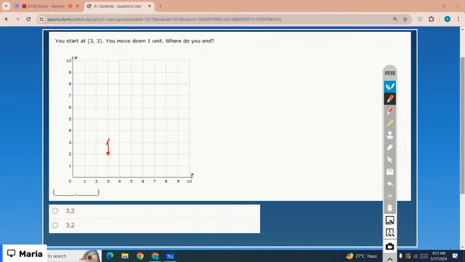So, what are the new coordinates? That is 3 2. Very good. Option number 2 is the correct option.